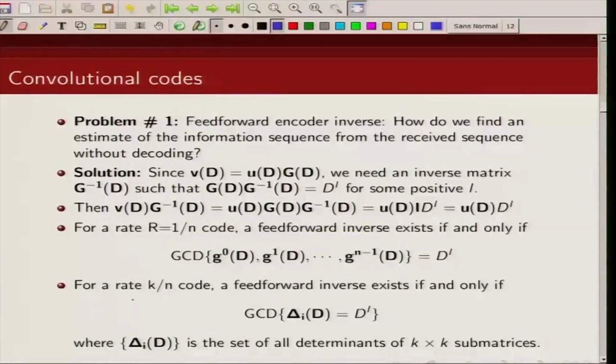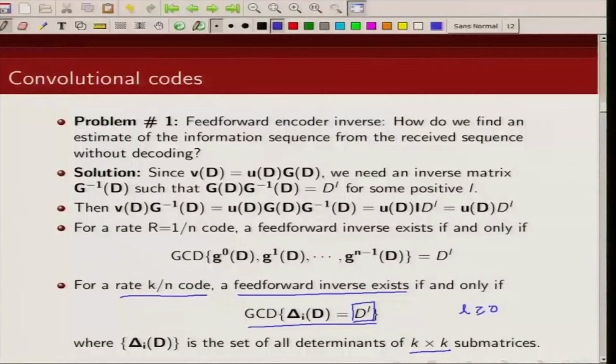Similarly, for a rate k by n code, a feed forward inverse will exist if and only if the greatest common divisor of the set of all determinants of k cross k submatrices of the generator matrix is again some D raised to power L, where L is a non-negative number.